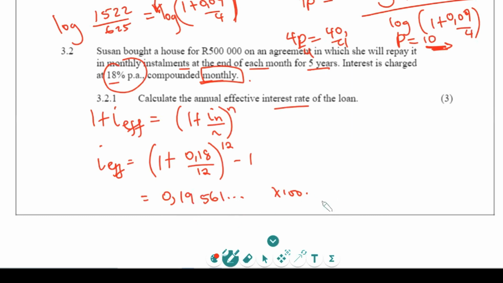So this is going to be 19.56%. That is the effective interest rate. It is a type of interest rate that you can use straight away without dividing by 12 and all of that. That is 3.2.1.